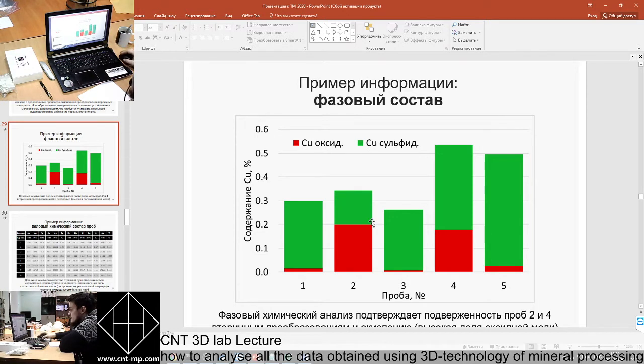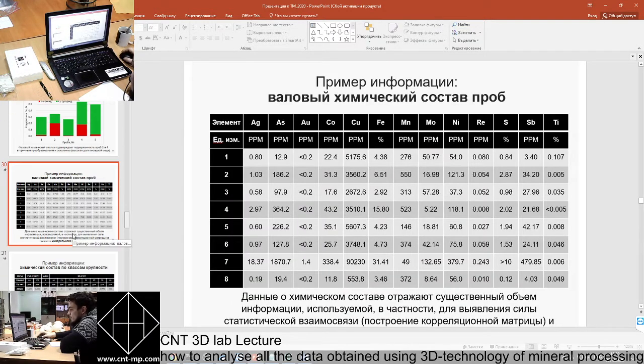For example, on this histogram it is shown that from 5 samples we see 2 different samples which consist mostly of oxidized copper, and the other samples consist of sulfide copper. This is very important for mineral processing on plants, for technology, flotation or gravitation, enrichment, etc.